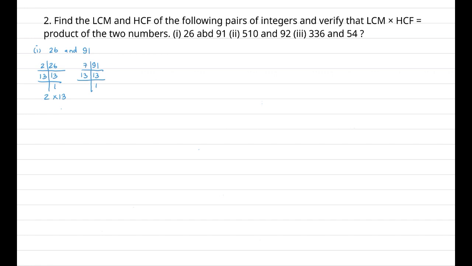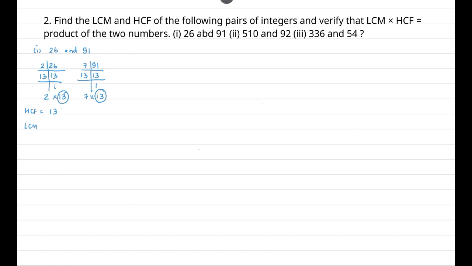The factors for 91 are 7 and 13. Highest common factor: here we have 13 common in both, so 13 will be the highest common factor.